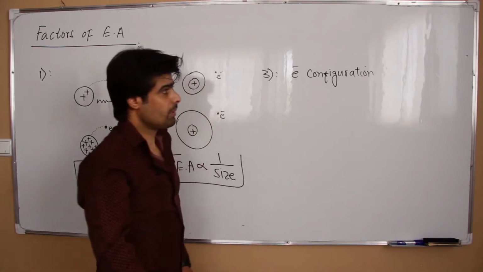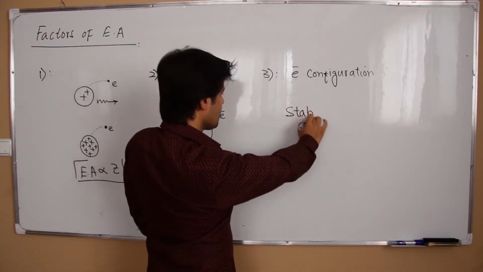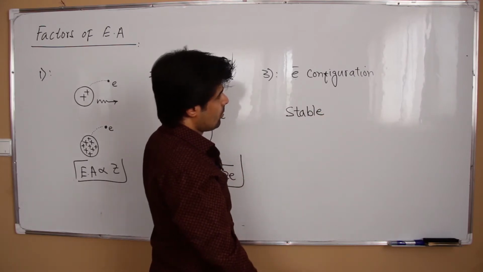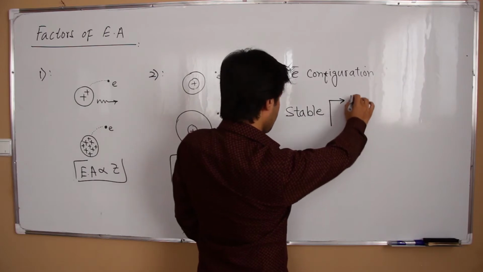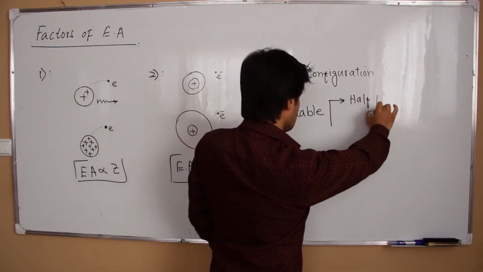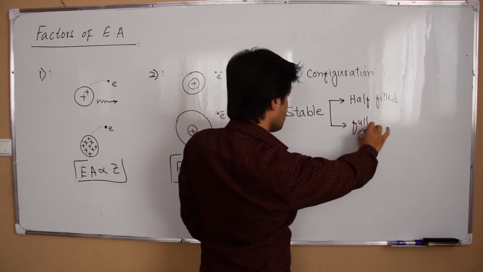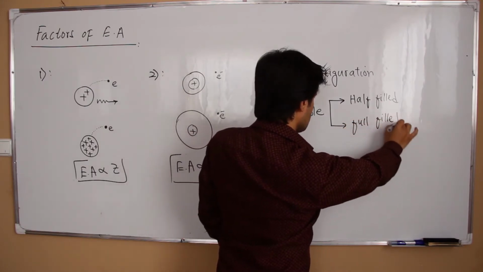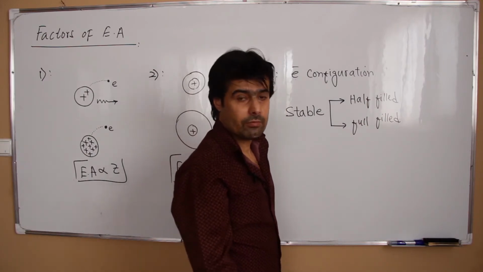And number 3, we have electron configuration. If we have a stable electron configuration, I mean half-fill or full-fill, these are stable electron configurations.